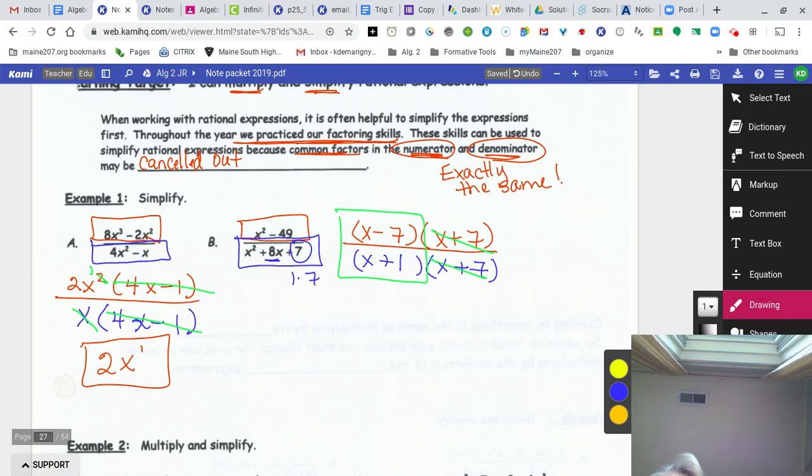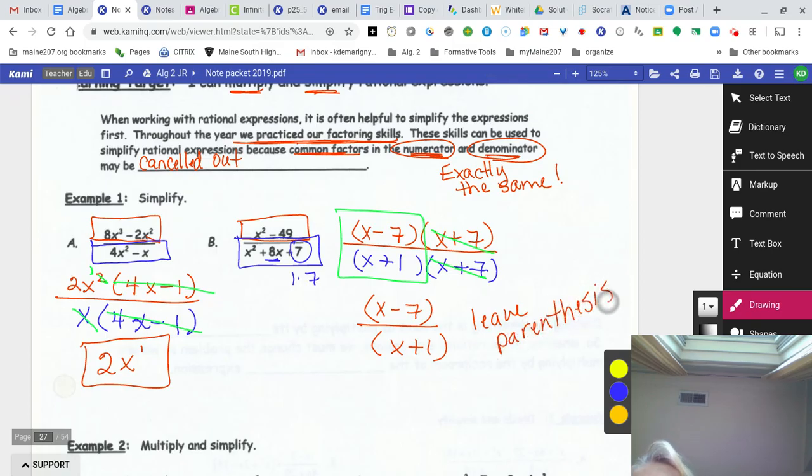So my solution is what's left over: x minus 7 on top and x plus 1 on bottom. Now, leave the parentheses. If you start to write it without that, then you will mark out the 2 x's thinking that you can, but you can't. So here's the solution.